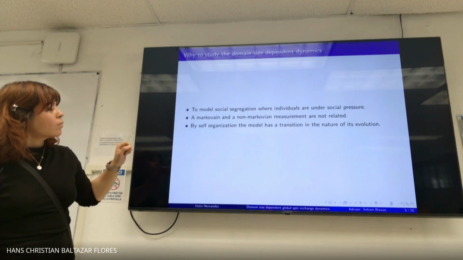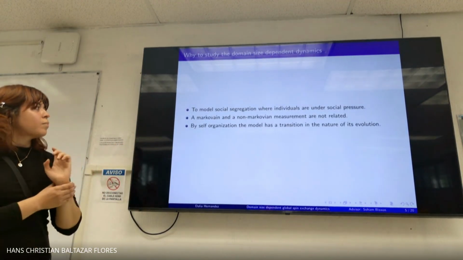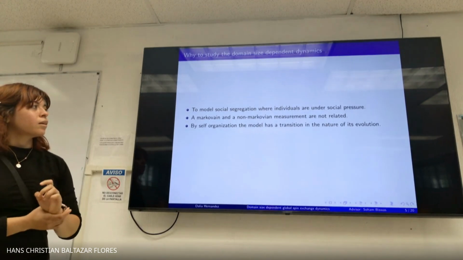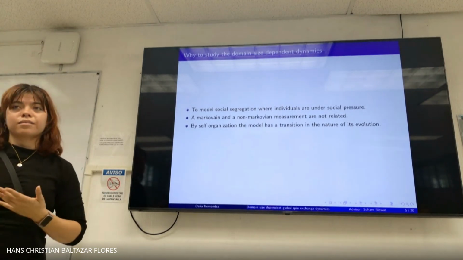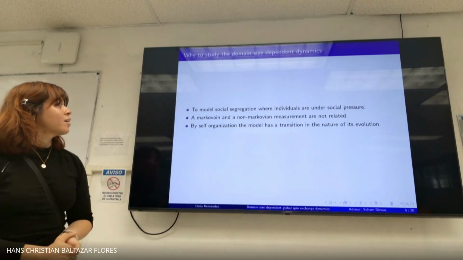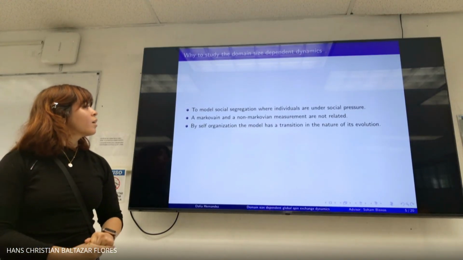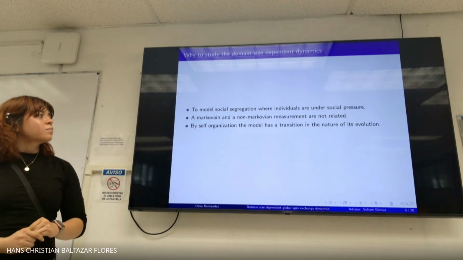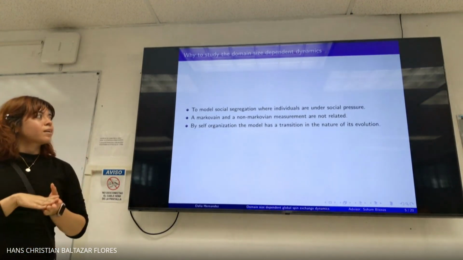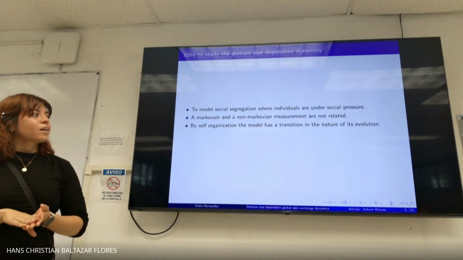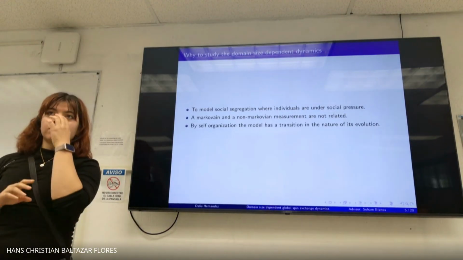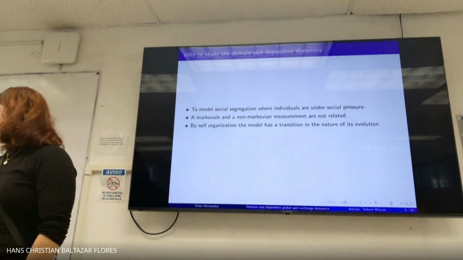Also, we study in this system Markovian and non-Markovian measurements, and for this system they are not related, as we talked about before. And when the system is self-organizing by itself, it has a transition in the nature of the evolution. So I think it's interesting.